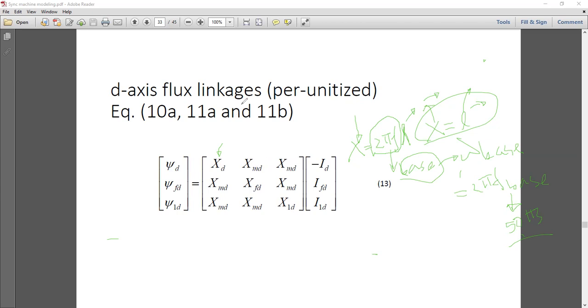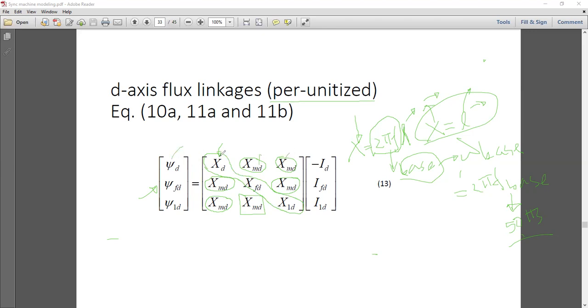What is the benefit after per unitization? We see that now the mutual inductances are the same. All the mutual inductances. So with the help of per unitization, we can get rid of the dissimilarity of the inductances between the mutual circuits for the D axis. Only the changes are along the diagonal, whereas the off diagonal elements are all the same.